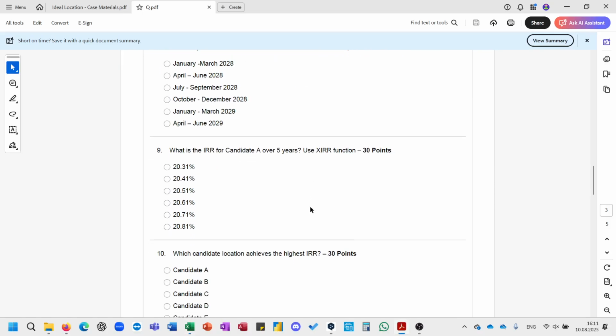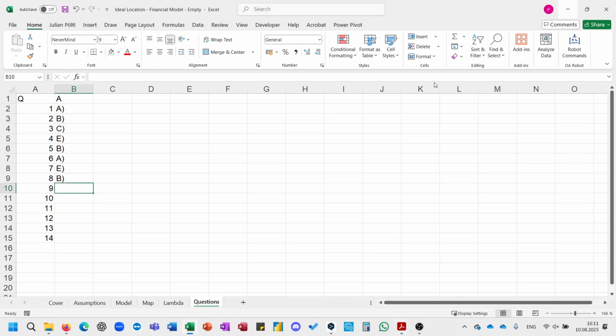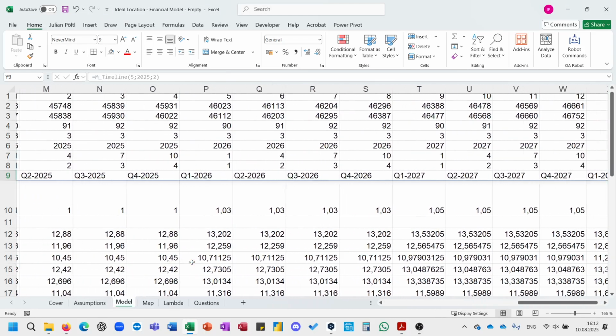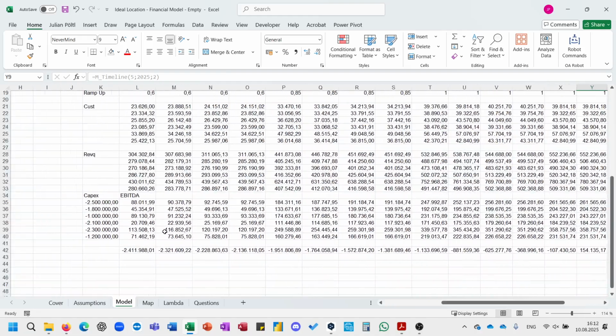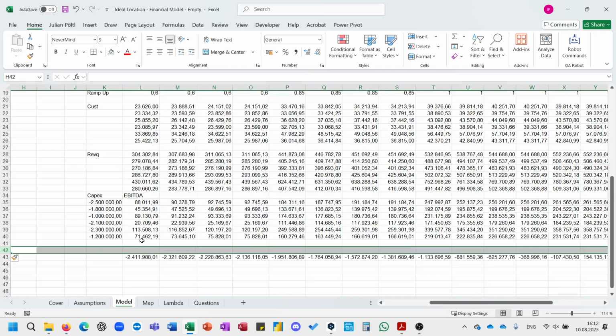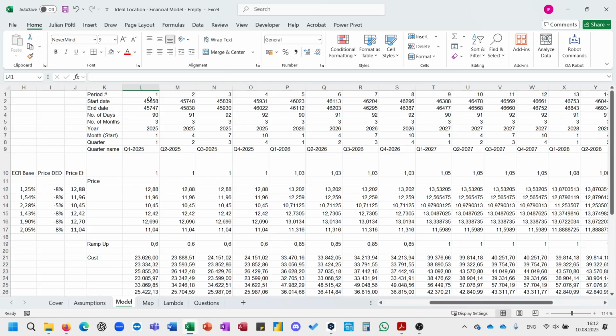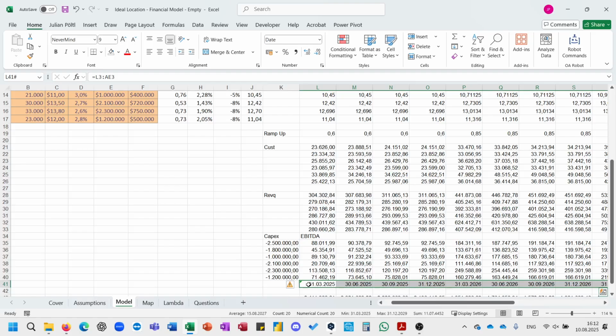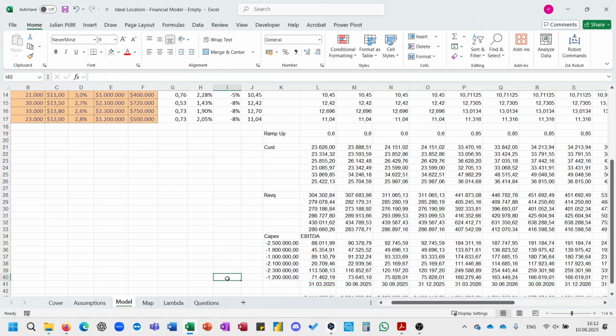Question 9. IRR for candidate A over 5 years. Okay. We have prepared the IRR calculation here because we have CapEx, EBITDA, and so on. But let's add dates here. We can also add it at the bottom. So here, this is always the end date, and here the starting or the CapEx date.